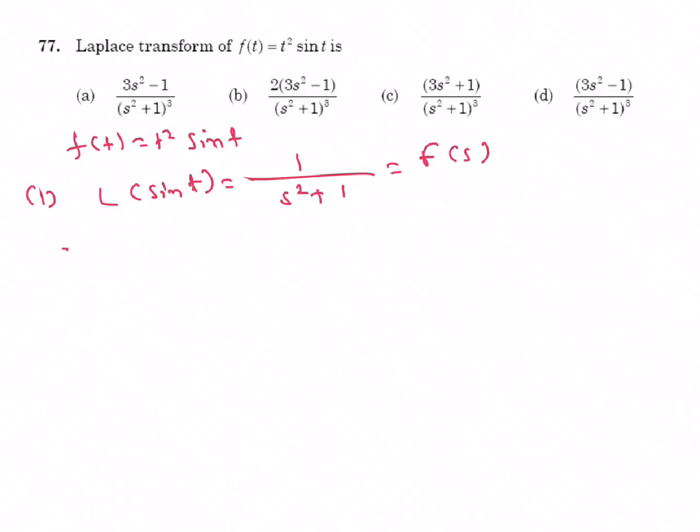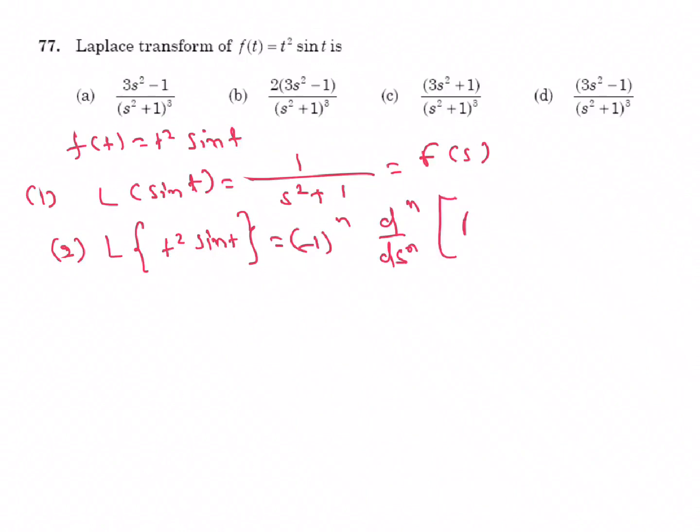So then in second step we will multiply t square, so Laplace of t square sin t. We know Laplace of t to the power n sin t, we will get minus 1 to the power n d to the power n by ds to the power n of F of s.